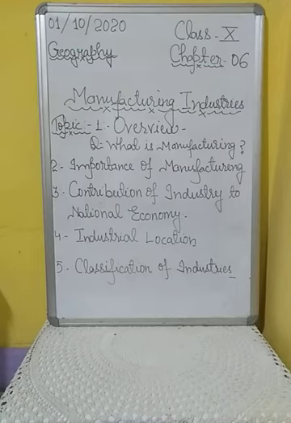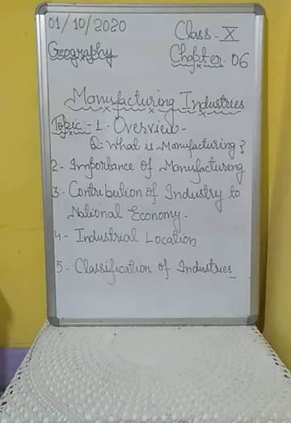Number one is public sector, then private sector, joint sector and cooperative sector. So students, public sector industries are those which are owned, operated and maintained by the government. For example, BHEL, SAIL and IISCO.